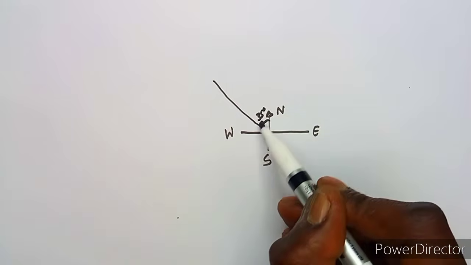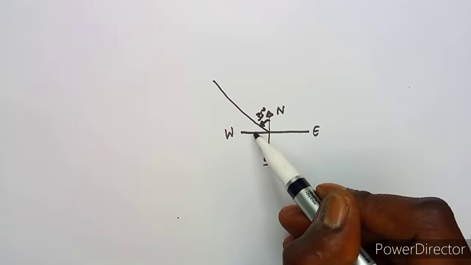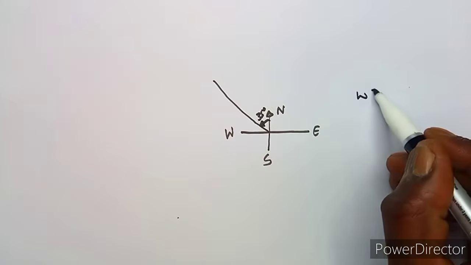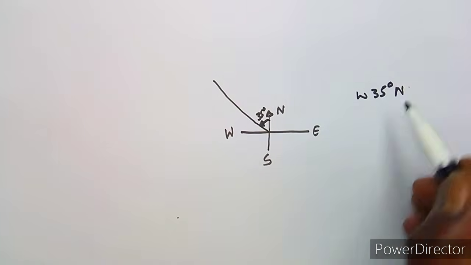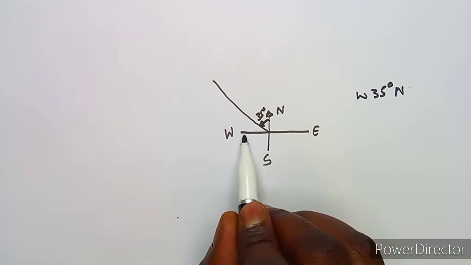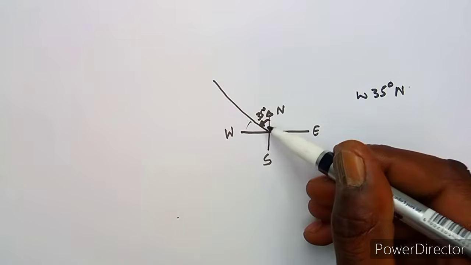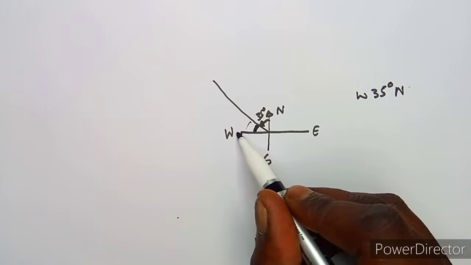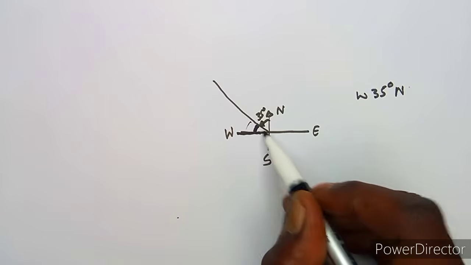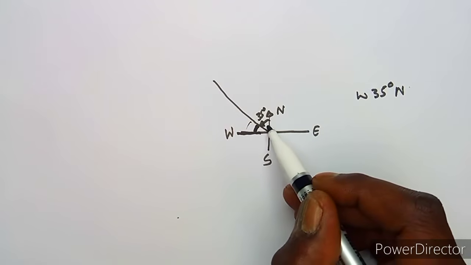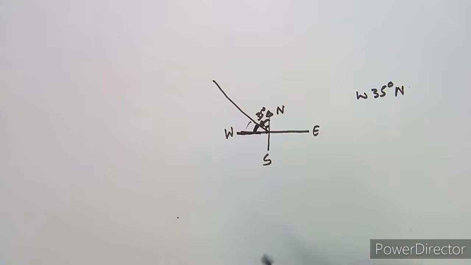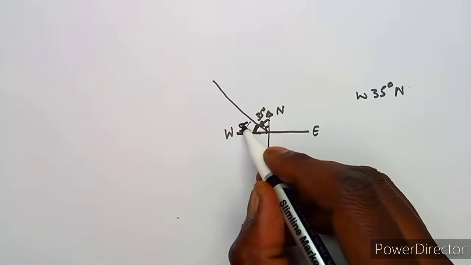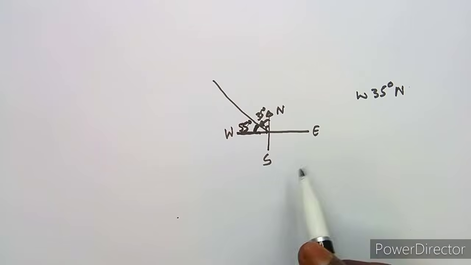You are coming from the north going to the west. So there's an angle that remains between the horizontal line and the aeroplane, which is 90 minus 35. That is going to give us 55 degrees. I'm going to explain this later on.